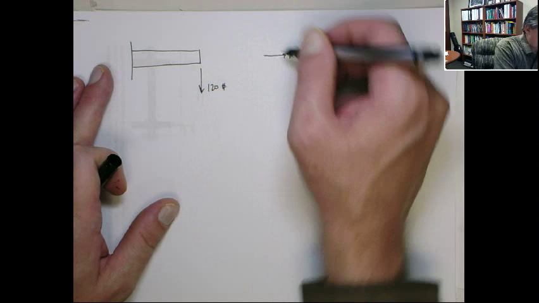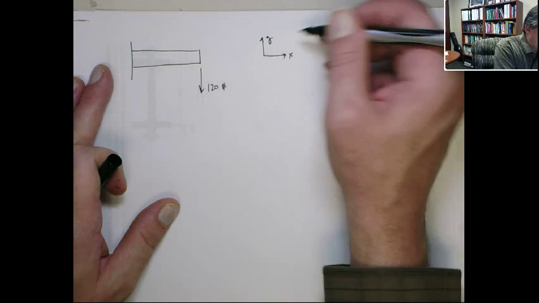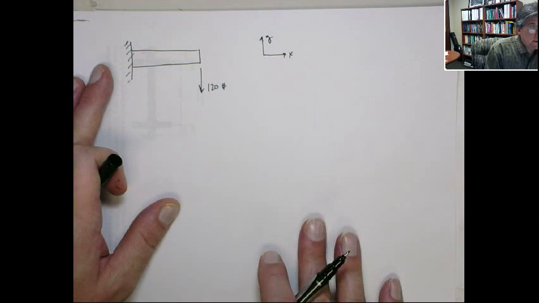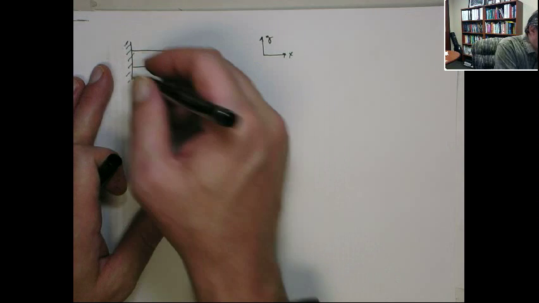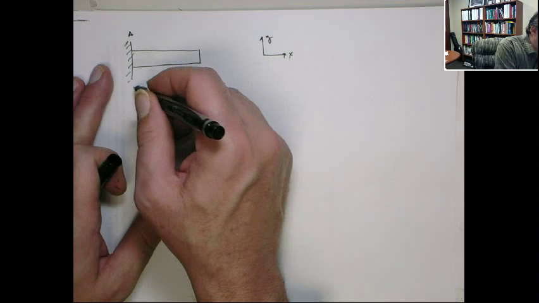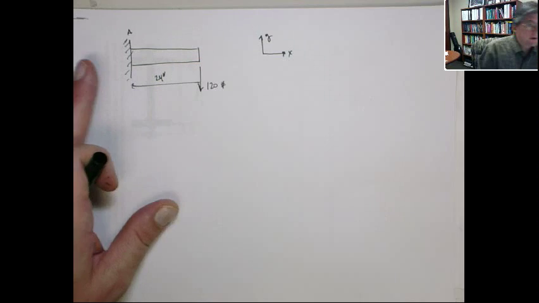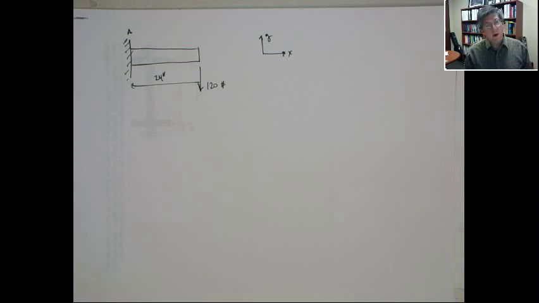Call this the x direction. This is the y direction. This is fixed here, so again, it's not a proper free body diagram. I'll call this point A, and let's say here 24 inches. Okay, so again, find the reaction forces at point A.